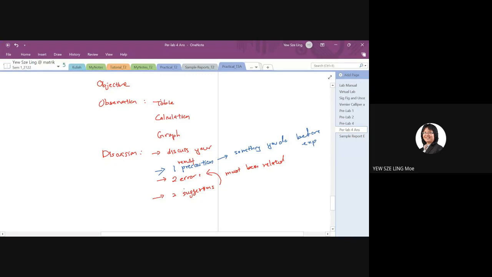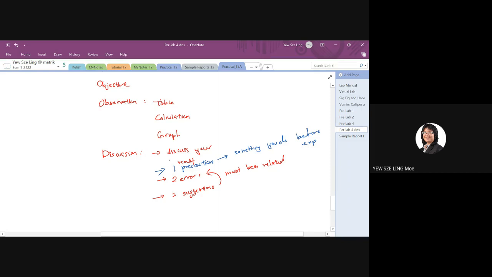Because in an actual lab, I will ask you to switch off the fan in every single experiment. So that is not a suggestion, that is more of a precaution. Now in this new format, you have to change it into 4 paragraphs, no longer 3 paragraphs.